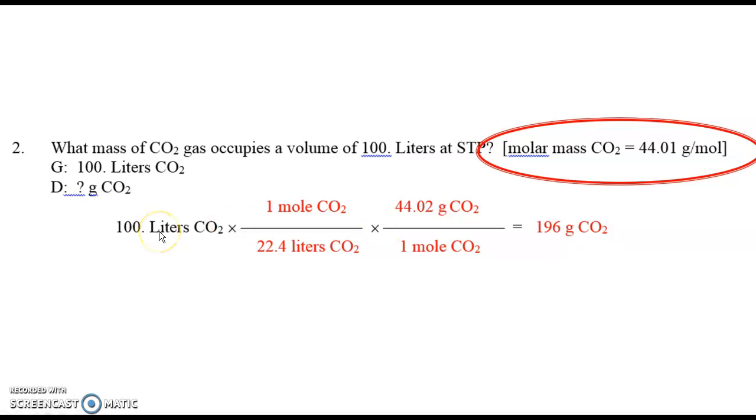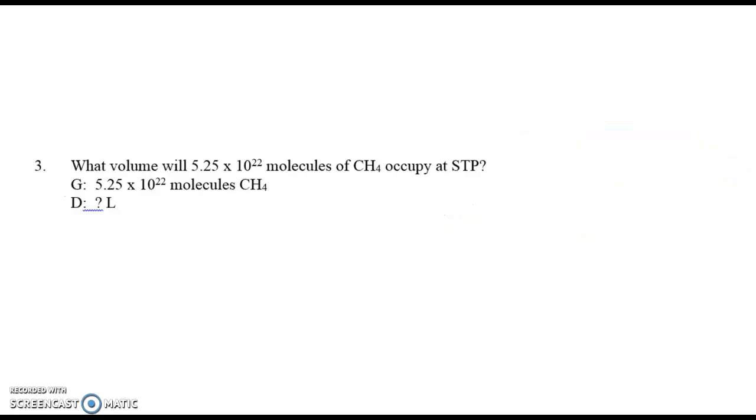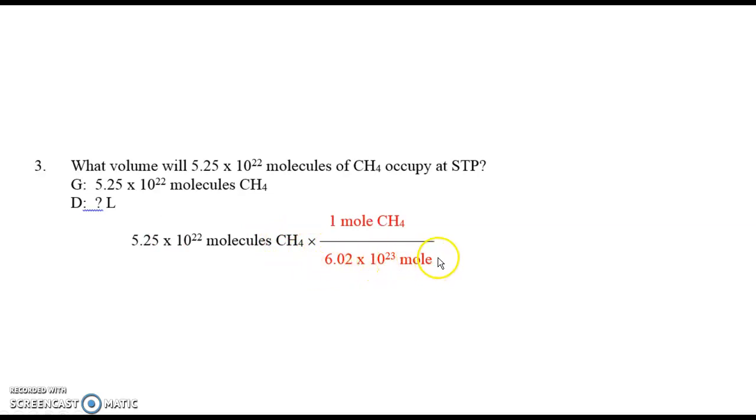We can use the mole to determine what our volume is. So if we know this, we can add this to what we already know. But let's do one more. Let's do this in terms of molecules. So we are given 5.25 times 10 to the 22nd molecules. And we know that 6.02 times 10 to the 23rd molecules equals 1 mole, so we can cancel those molecules out.